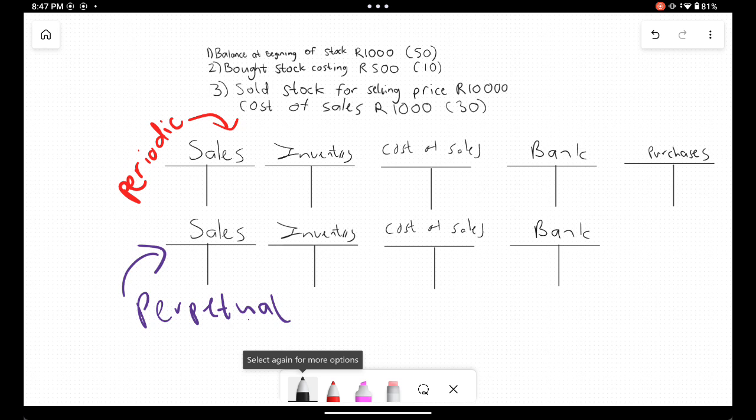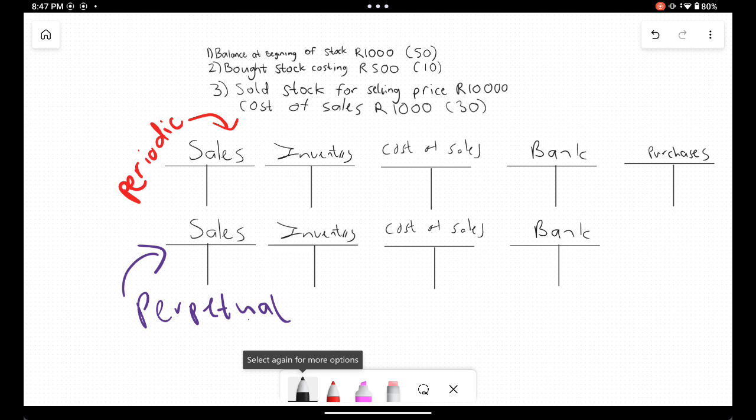Why? It already has the cost of sales for the month and the closing balances. All these ledgers will have a closing balance. Done. Periodic, however, at the end of January, you need these ledgers closed off, to have a balance carried down for the next month.